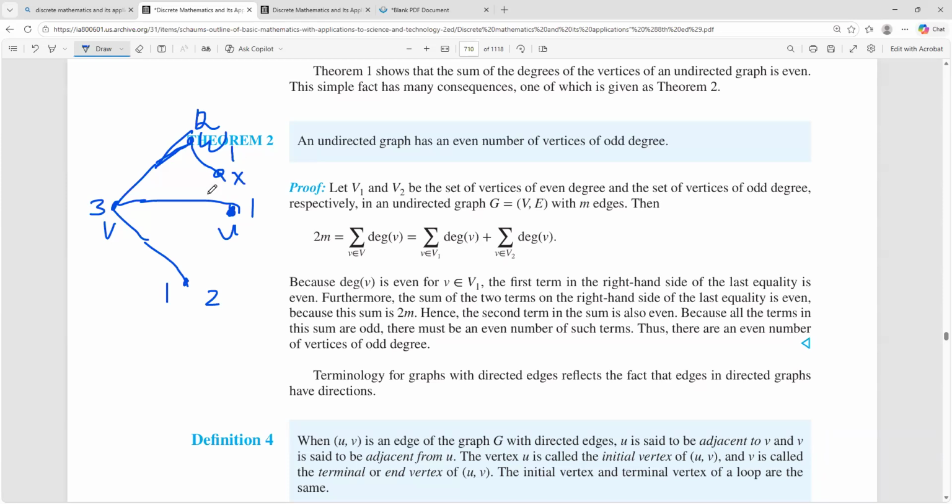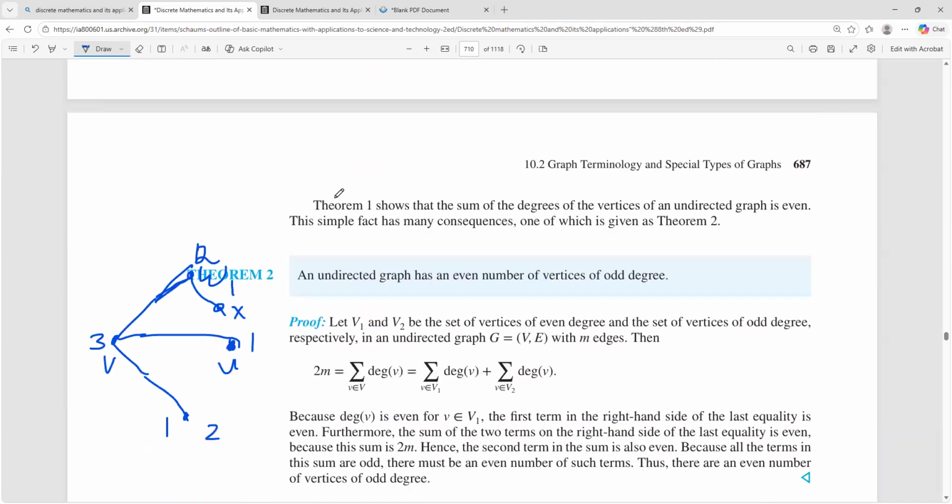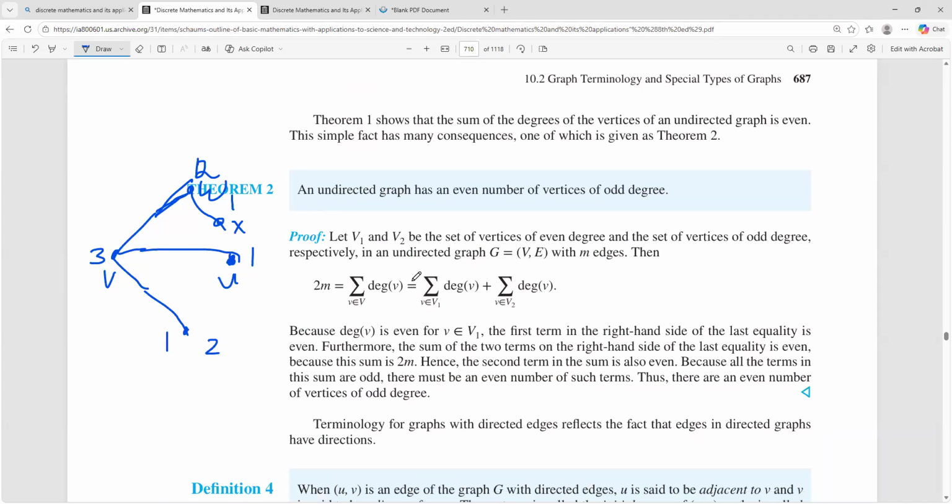You can expand this, maybe with induction, and show that you'll always have an even number of odd degree vertices, because every edge has to be shared between two vertices. Another way of proving this is from our last theorem: the sum of all degrees is always even. 2m is always an even number, so the sum has to always be even.